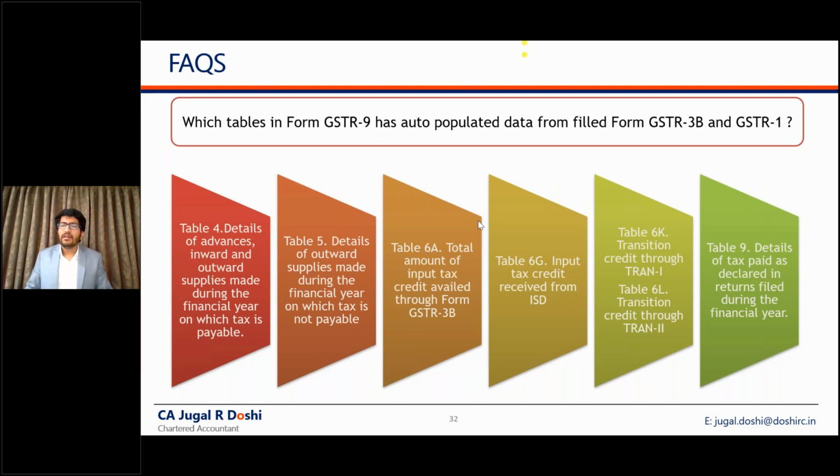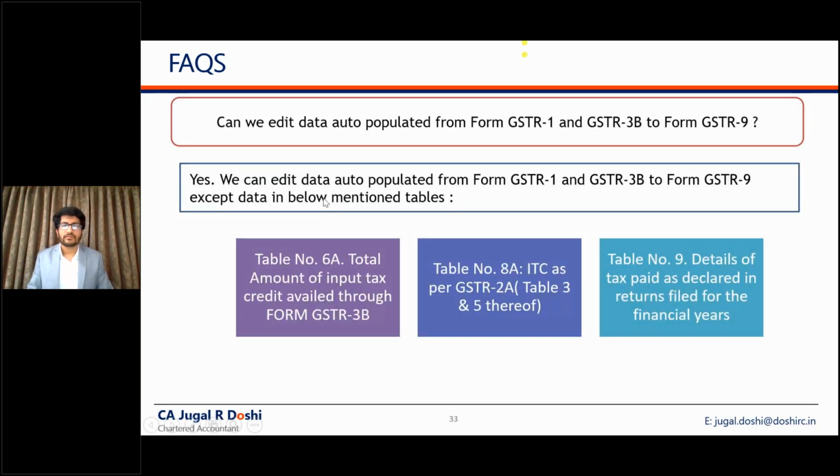Along with the same, in table 9 we saw tax paid through cash and tax paid through ITC are auto-populated. So whichever information is available with the government, the same is auto-populated. Out of the information, table 6A, table 8A and table 9 cannot be edited. Remaining everything we can change manually.